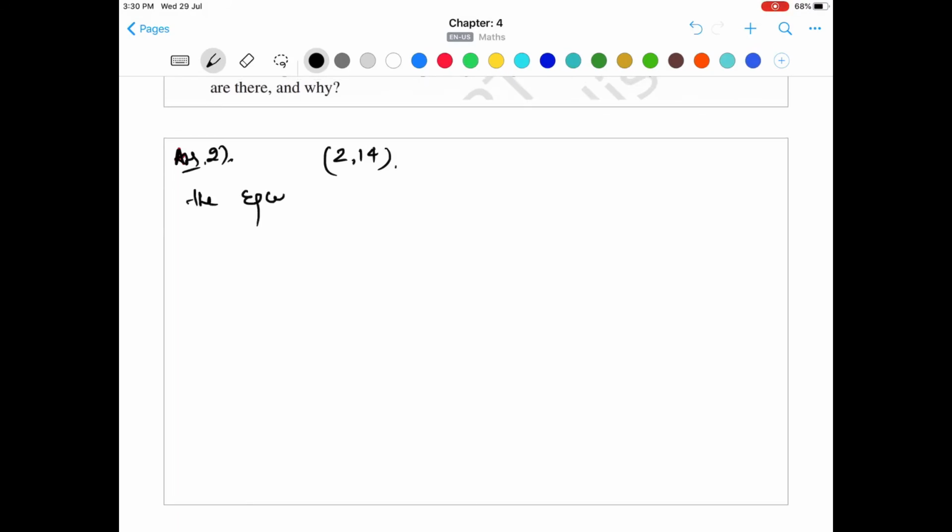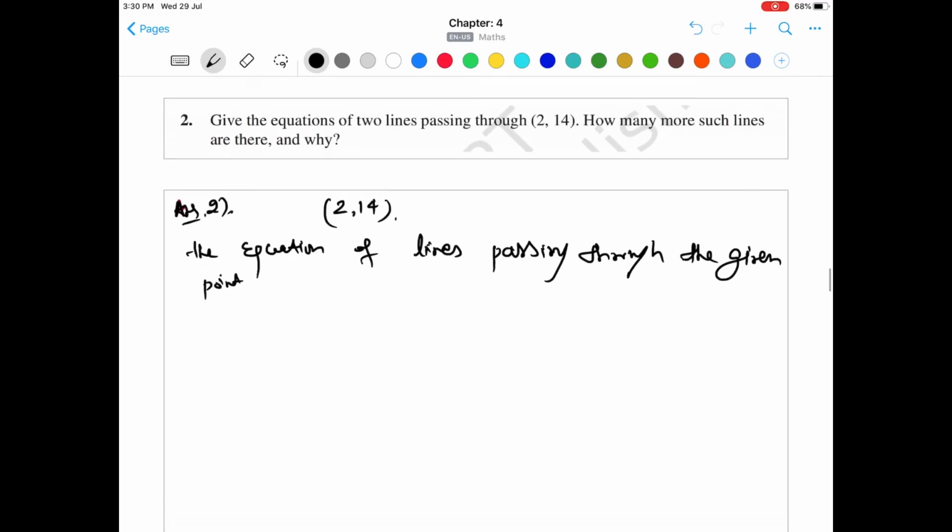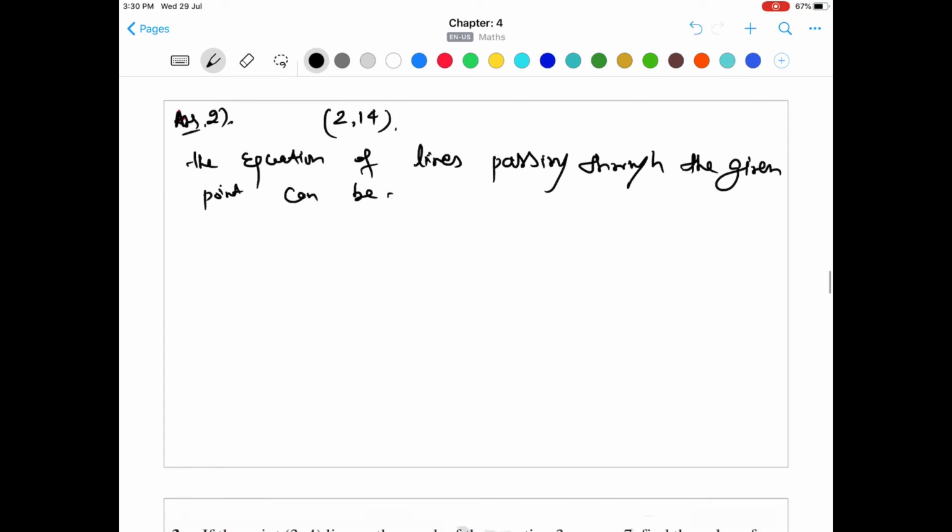The equation of a line passing through the given point can be: we add the x coordinate and the y coordinate, that is x plus y. When you add these two, you will get 16. So this is our one equation passing through this point.